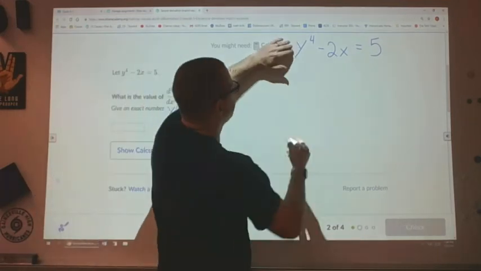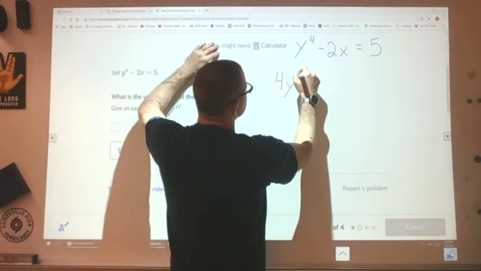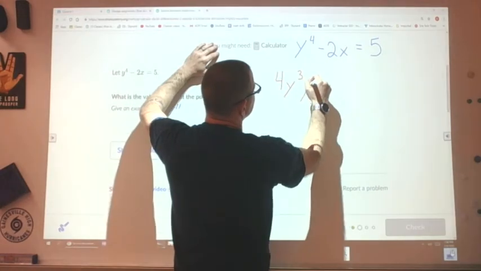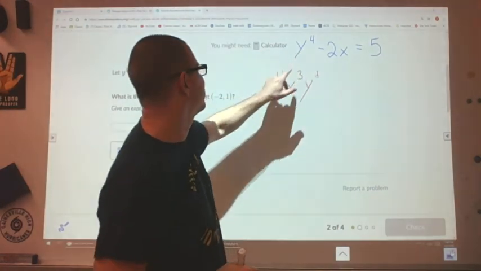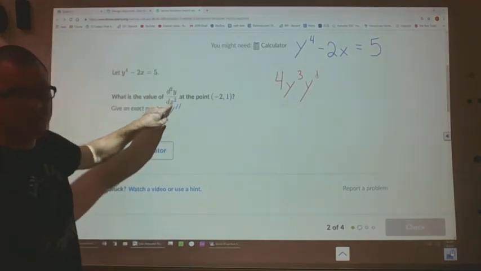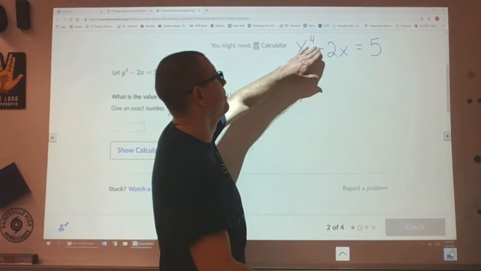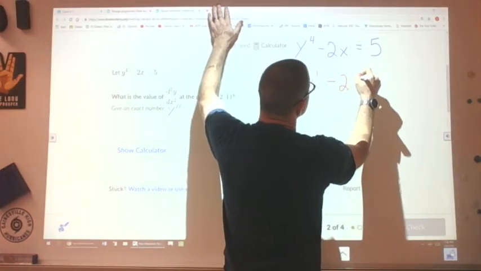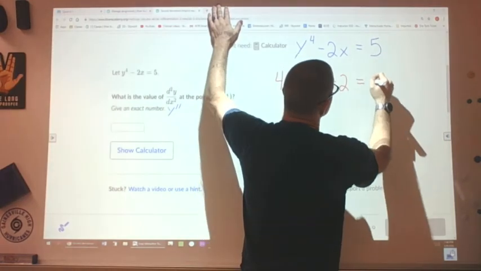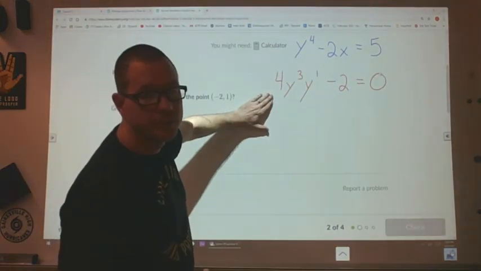So this y to the fourth would become 4y to the third y prime. I'd do it just like power rule, but because it's not the variable that we are taking respect to, the variable on the bottom of this derivative, we put that y prime. Minus 2x is just minus 2 and then equals 0. So that's our first derivative.